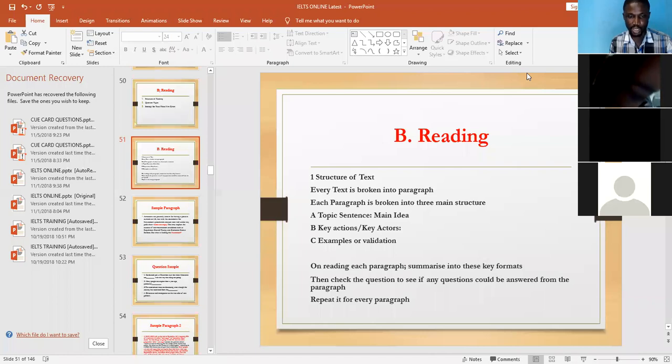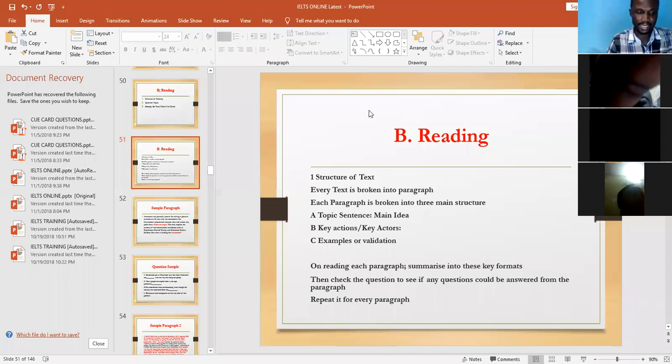Welcome everyone and good evening. I will start the lecture straight away. I'm just going to do a recap of what I did last week: how to effectively read the IELTS reading structure.